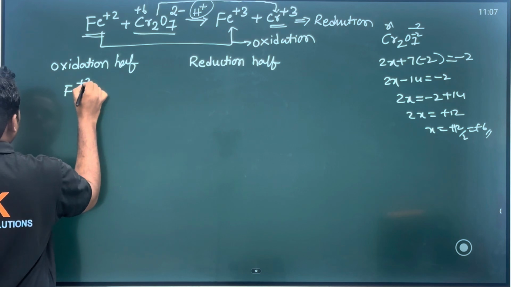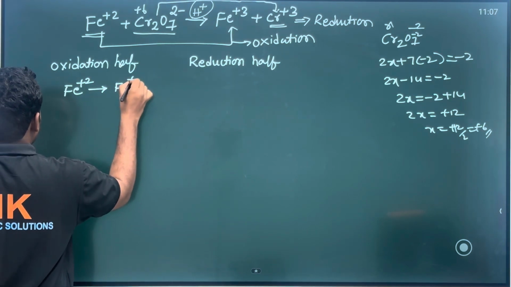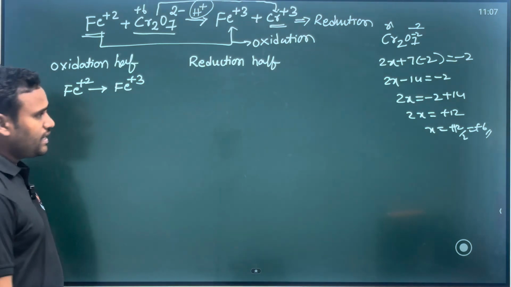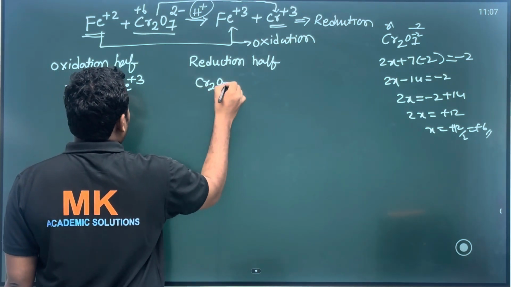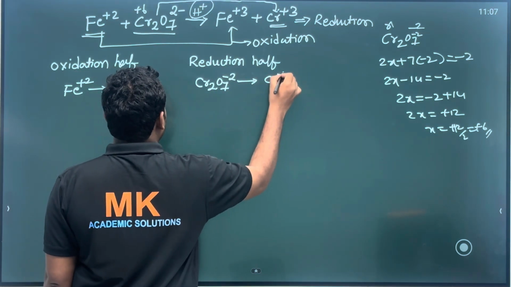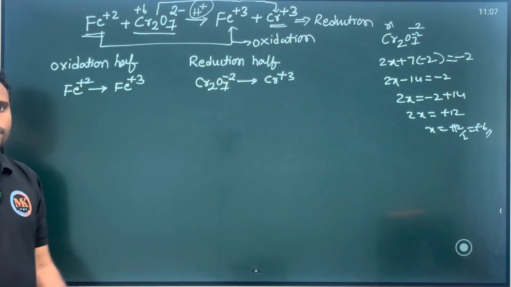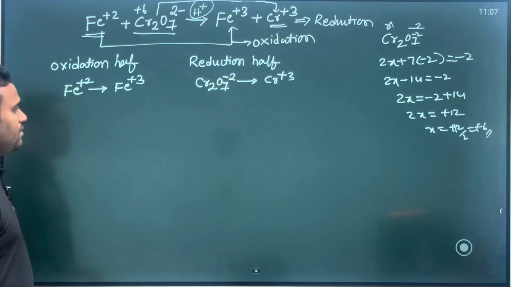Fe plus 2 gives rise to Fe plus 3, this is the oxidation half. Next, the reduction half: Cr2O7 minus 2 gives rise to Cr plus 3, this is the reduction half. So now we have separated the oxidation half and reduction half.